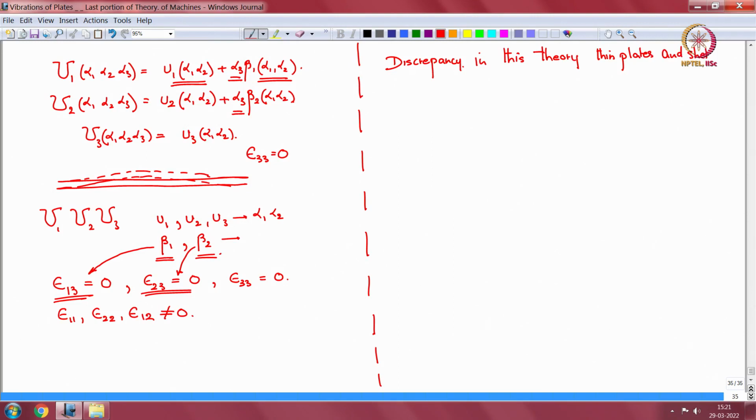And so we need to know where are we wrong and where is it correct. So we need to look at this inconsistency, which is a better word. It's an inconsistent theory. So let us see what this theory is, and we look at it through an example, which is an Euler Bernoulli beam. Euler Bernoulli beam theory.